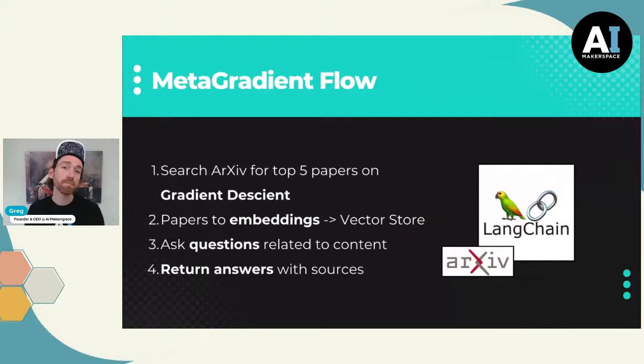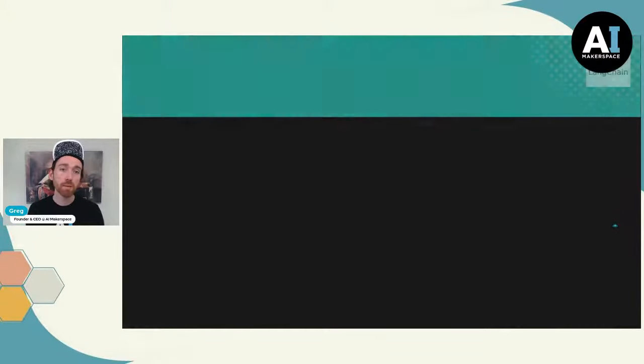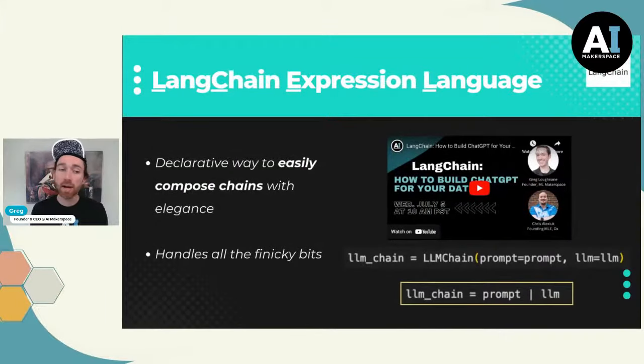One more thing. We've done some events on LangChain before, but one of the things that you'll see today that maybe you haven't seen is LangChain Expression Language. This new way of building with chains is declarative, and it is awfully elegant, is it not?